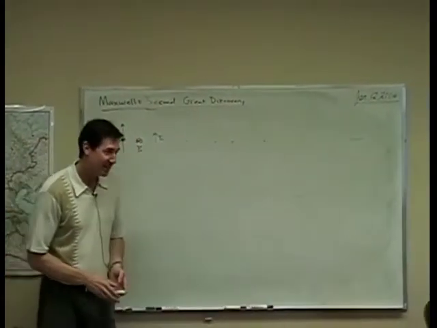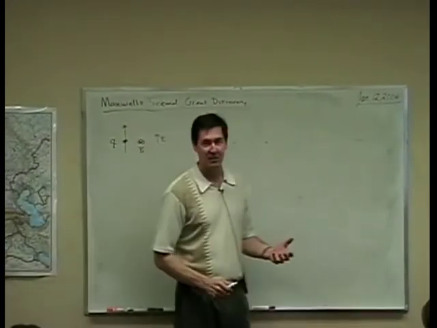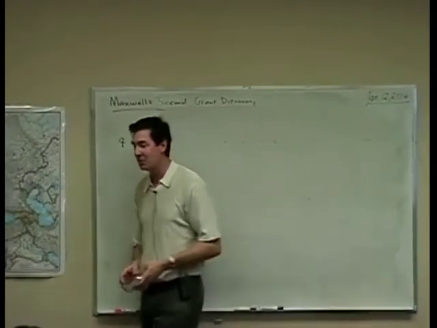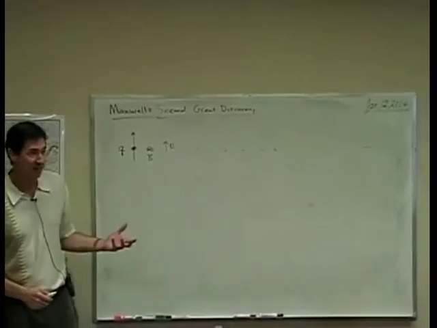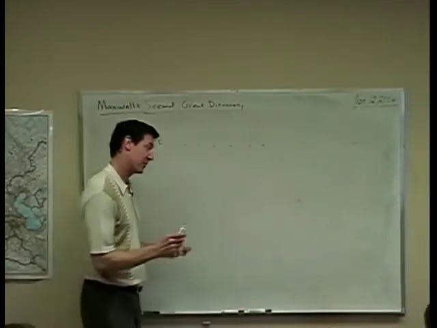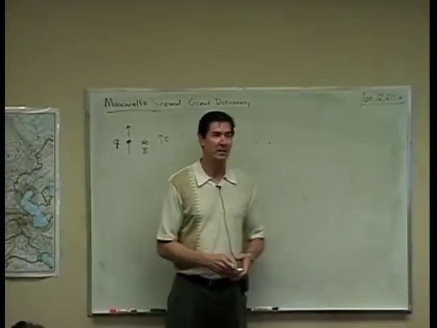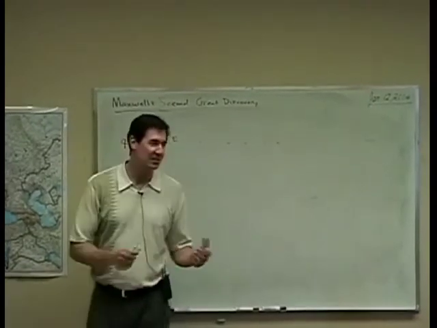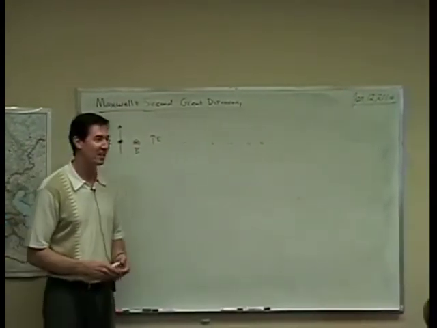Now, Maxwell was so clever that he could use these equations of electromagnetism that he came up with, which I haven't really shown you because they're differential and integral equations.